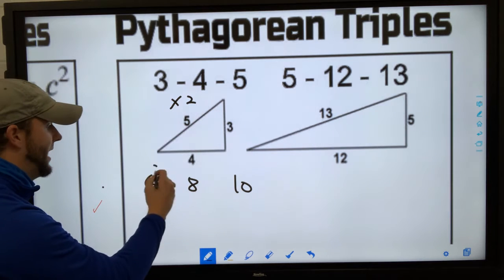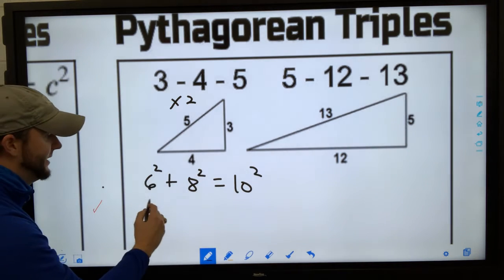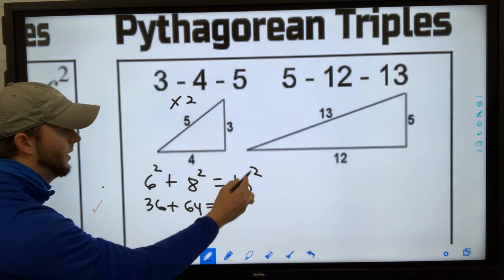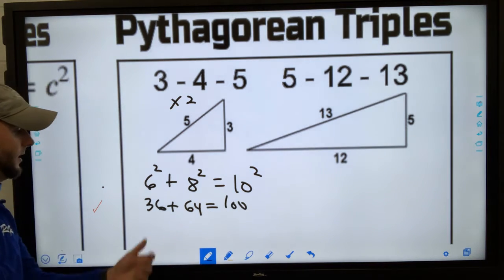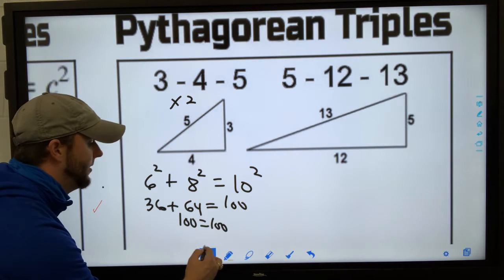Now I put this through the Pythagorean theorem. 6 times 6 is 36, 8 times 8 is 64, 10 times 10 is 100, and 36 plus 64 gives you 100. So they both check out.